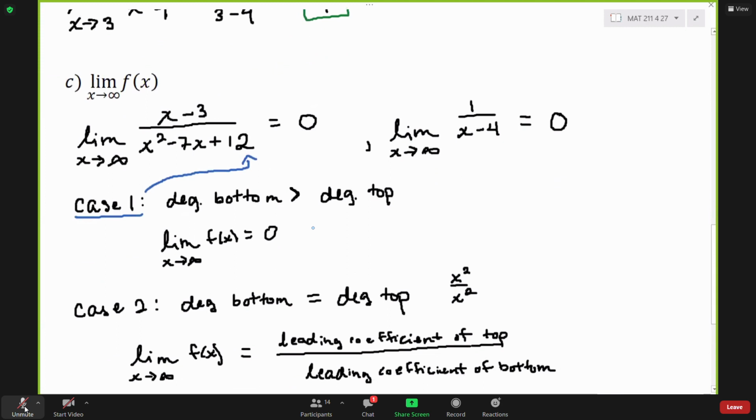Any other questions about limits of irrational functions?